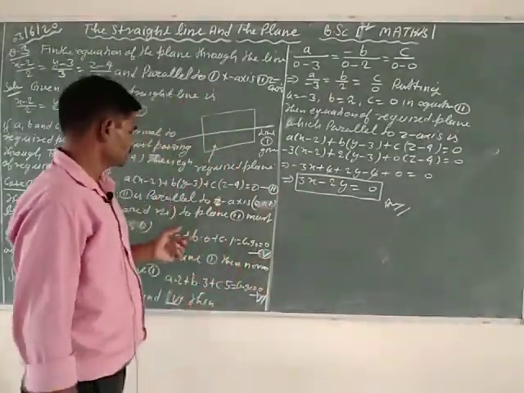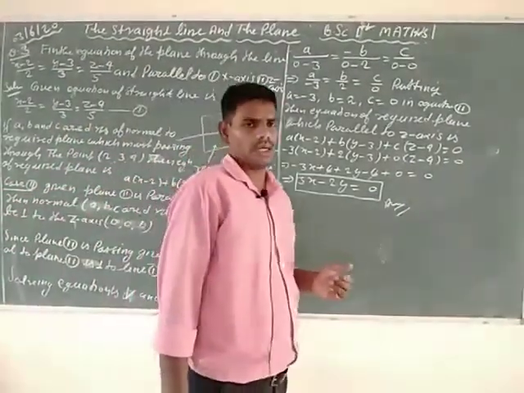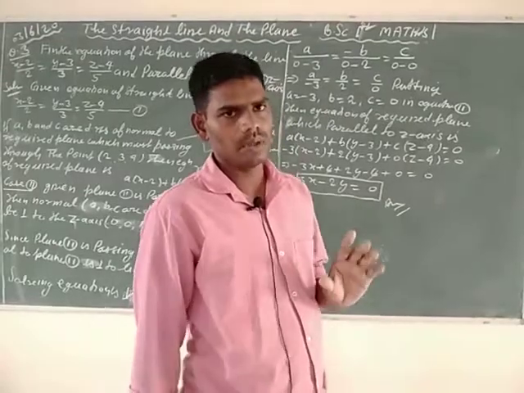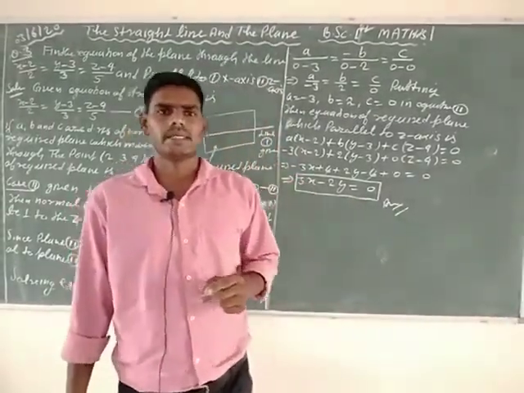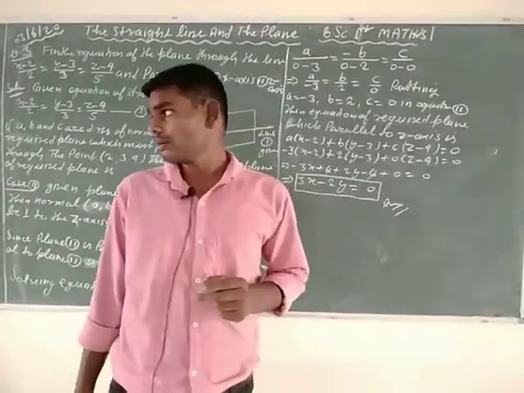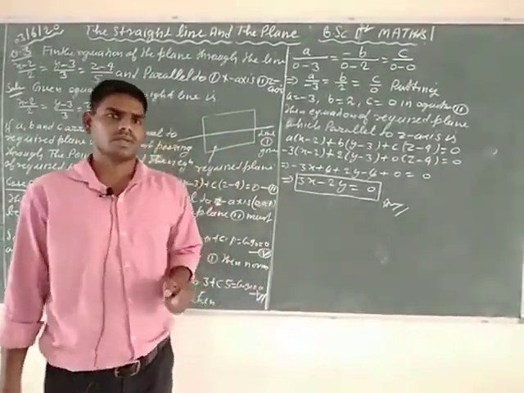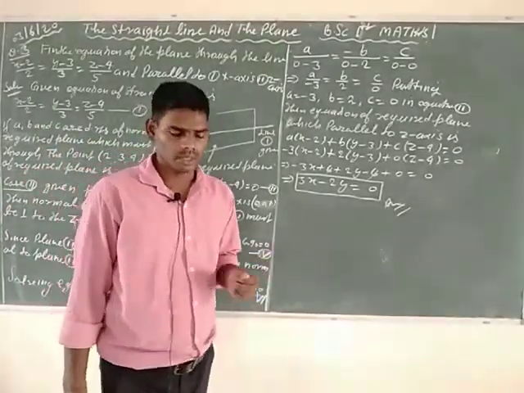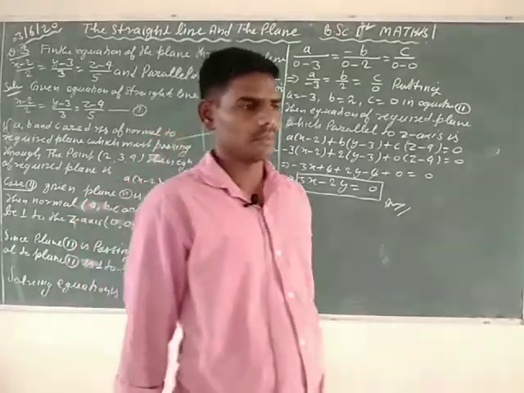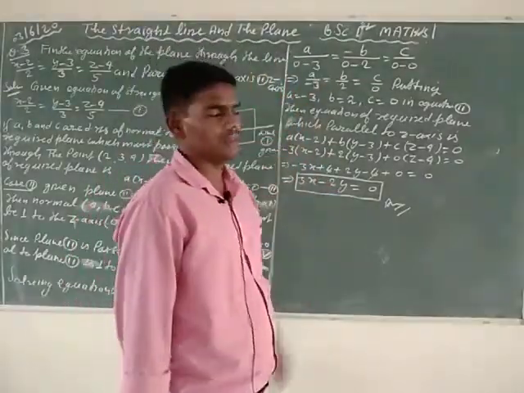So applying cos 90 is equal to l1 l2 plus m1 m2 plus n1 n2. Therefore, after this you have two required conditions involving the unknowns small a, b, c. So solve these two equations with the help of the cross multiplication rule and at last find the values of small a, b, c.